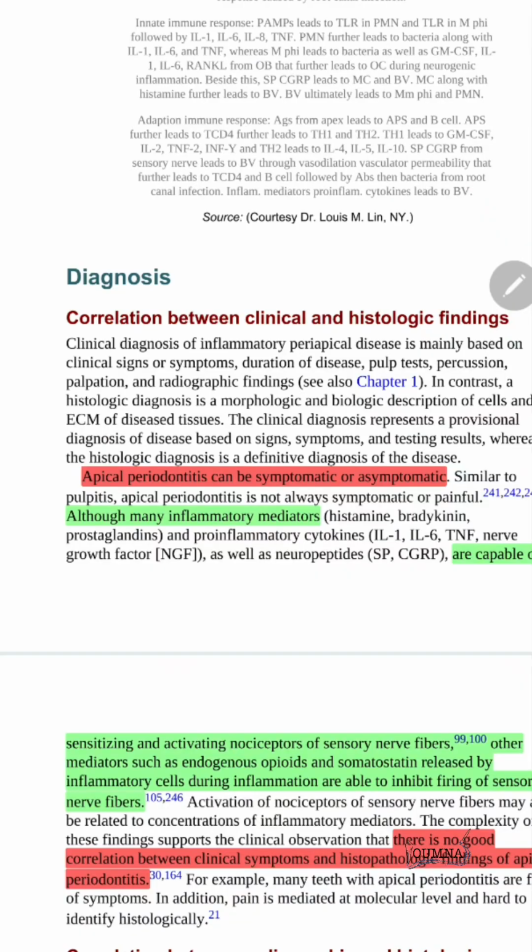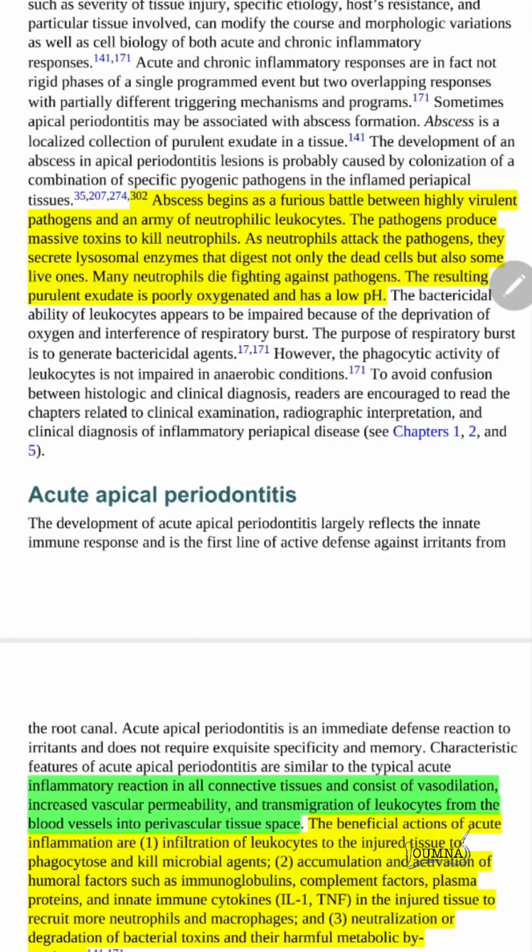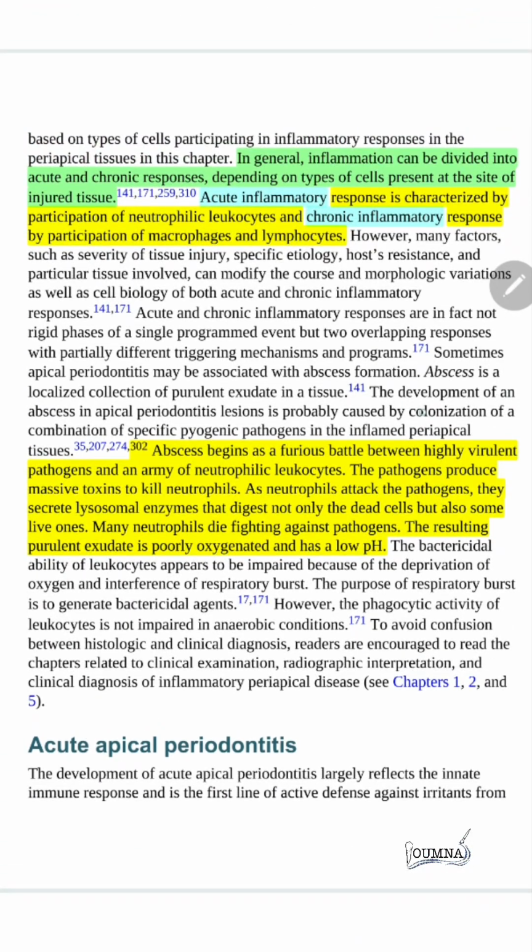Some apical periodontitis can be symptomatic in the acute phase and asymptomatic in the chronic phase. The acute phase of periradicular periodontitis begins with a furious battle between the highly virulent pathogens and the army of neutrophilic leukocytes.